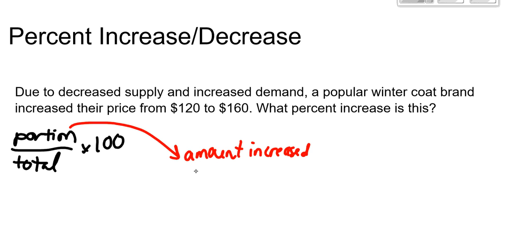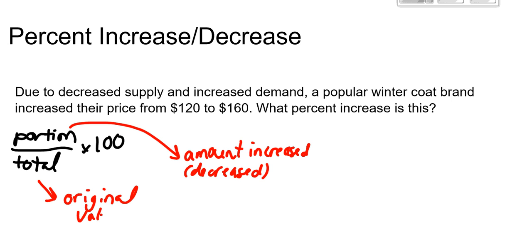So increased for a percent increase or decreased for a percent decrease. The total is going to be the original value. So in this case, it's money, but it might not always be money.